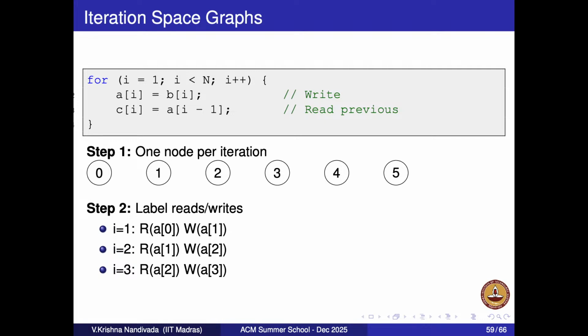For each node, if I have multiple statements inside the loop, I'll just list all the statements S1, S2, S3, S4.